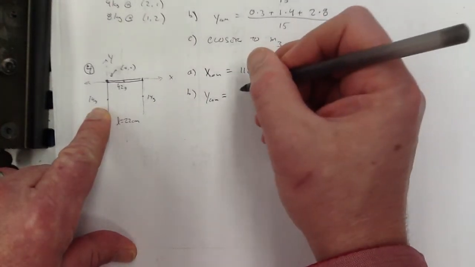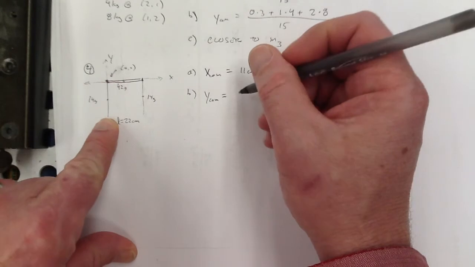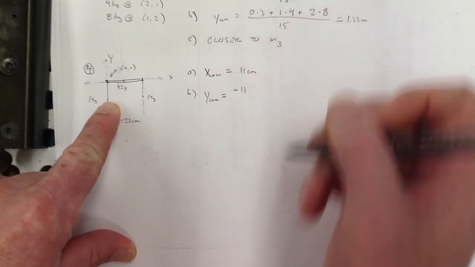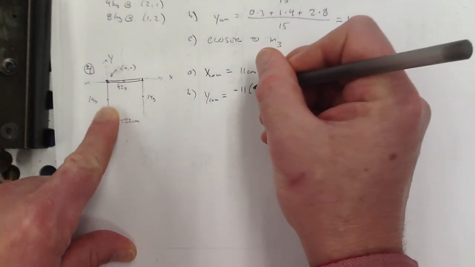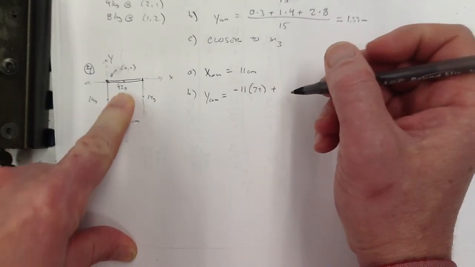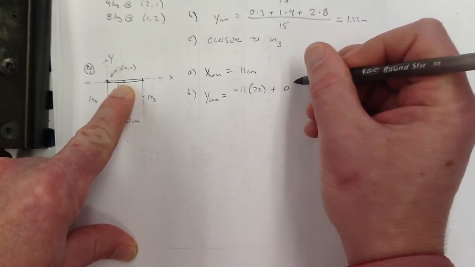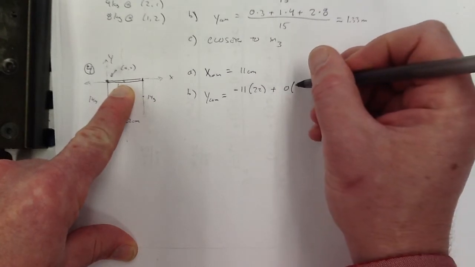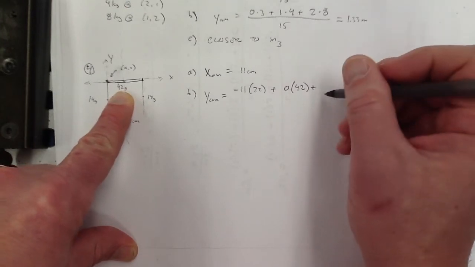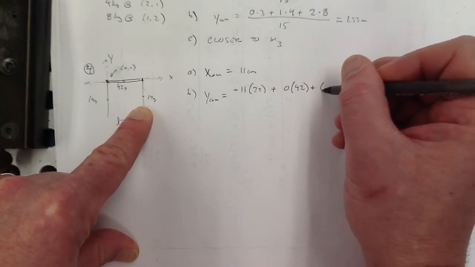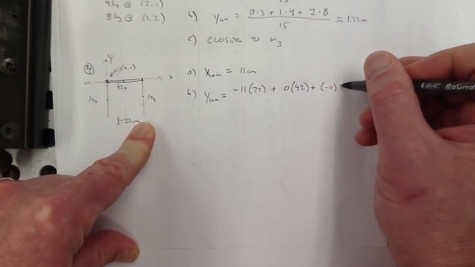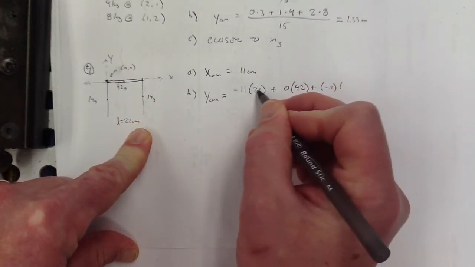I have y coordinate for this piece is going to be at negative 11 times its mass plus the y coordinate of this is 0 times its mass. Plus the y coordinate of this piece times, that's not the mass of that.